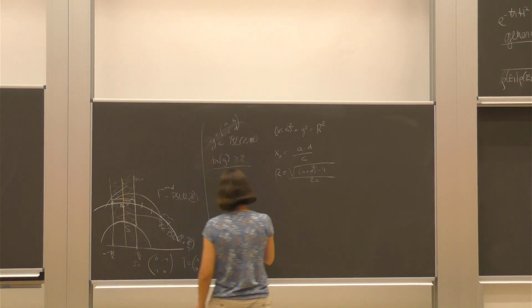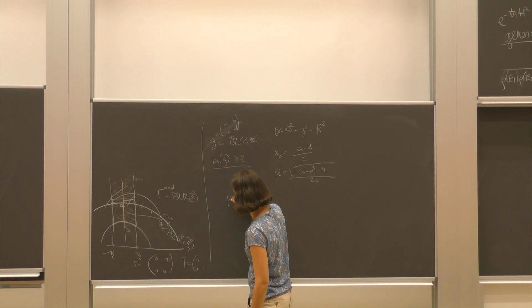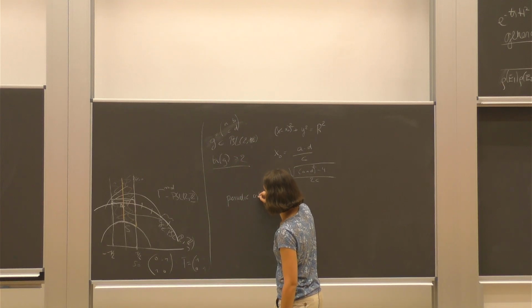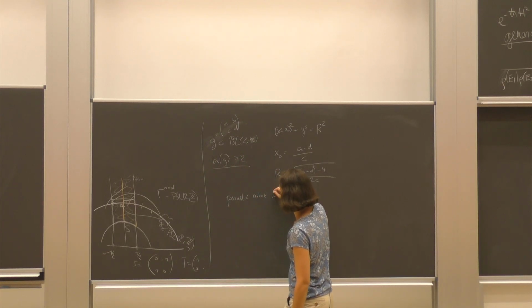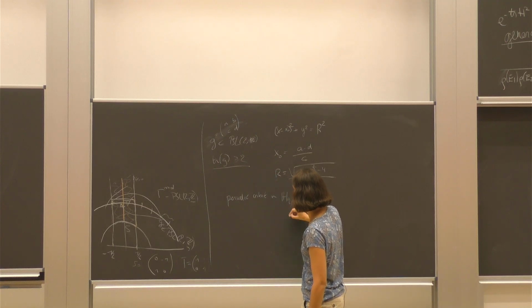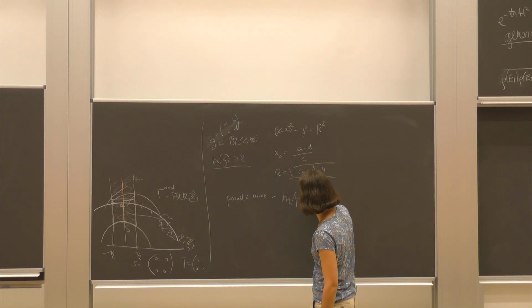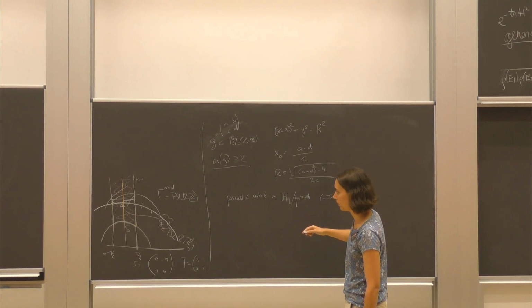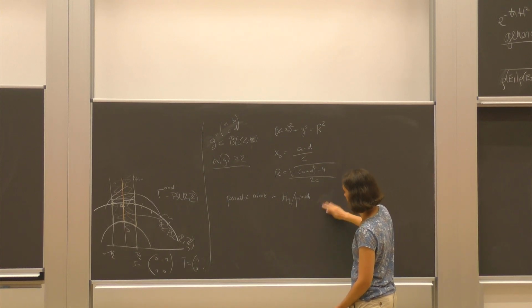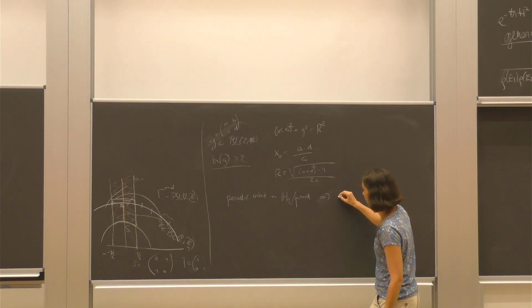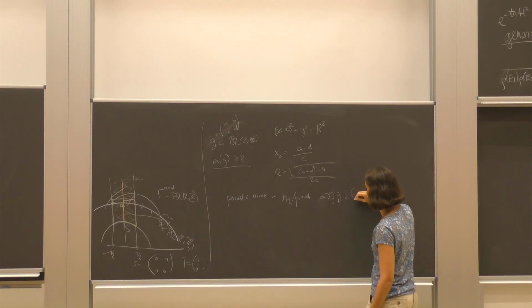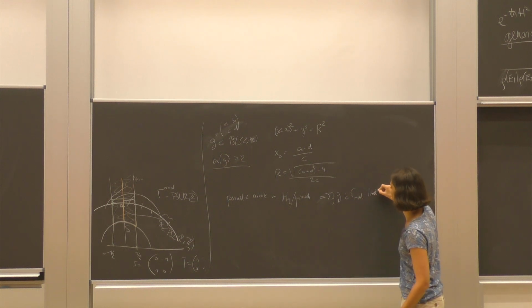So we get to the statement that a periodic orbit in H2 mod the modular group is in one-to-one correspondence with, well, leads to the fact that you can find a G in the modular group that leaves it invariant.